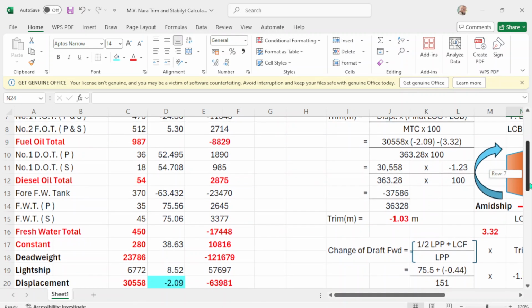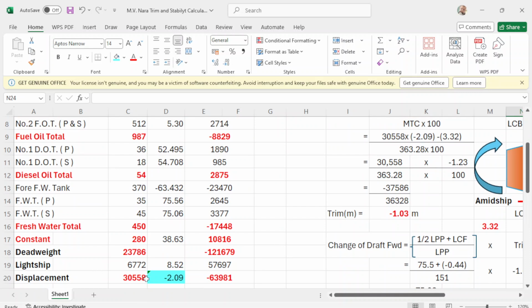And the light ship is 6772, the LCG is 8.52, and the LCG moment is 57697.